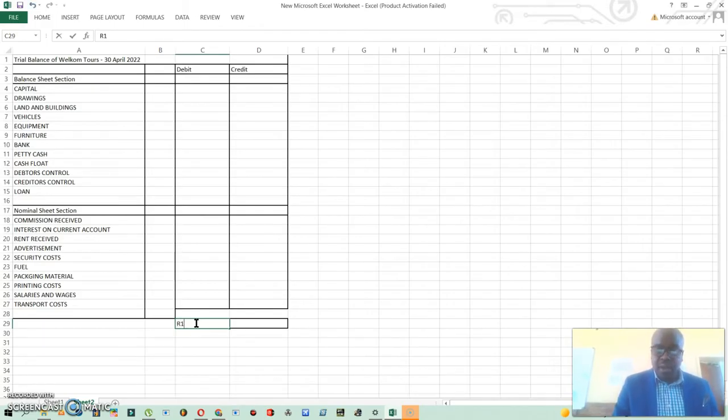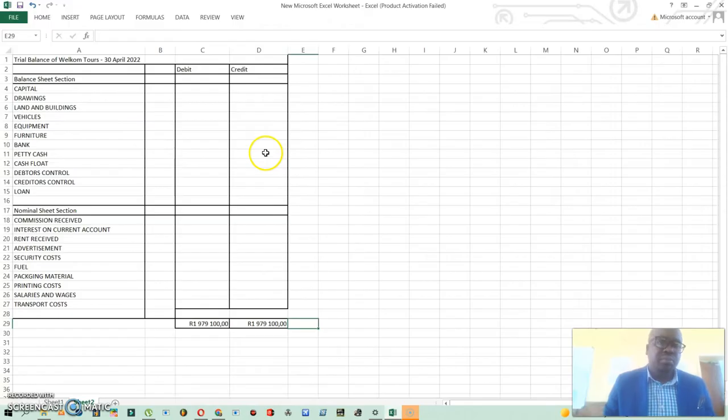So I got 1,979,100. I usually write this amount out of these tables so that I will know that when I've put all the money on the credit side, they need to give me a total of 1,979,100, same as on the debit side.